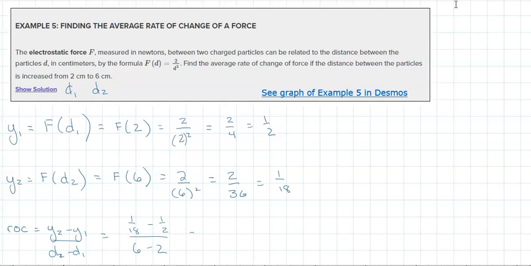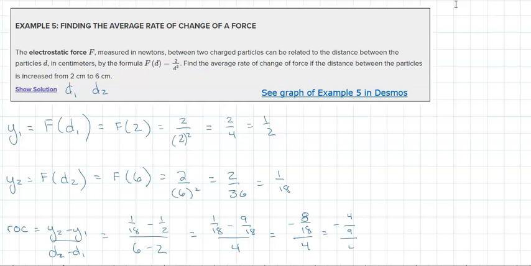All right, so 1/18 minus 9/18 is the easiest way to do that, and 6 minus 2 is 4. When we take 1 minus 9, we get negative 8 over 18 over 4, which is negative 4 over 9 over 4.